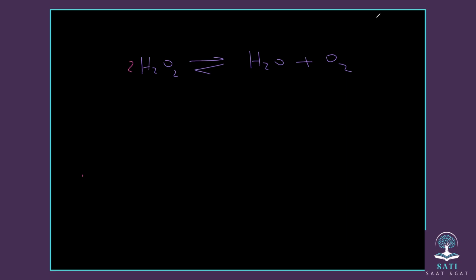So we write 2 here and 2 here. As you see, now we have 4 hydrogen on the left and 4 hydrogen on the right, and 4 oxygen on the left and 4 oxygen on the right. Second, as we said, we have to check the states. Here is liquid, here is gas, and here is gas. Okay, good. Now how can we write the equilibrium constant?